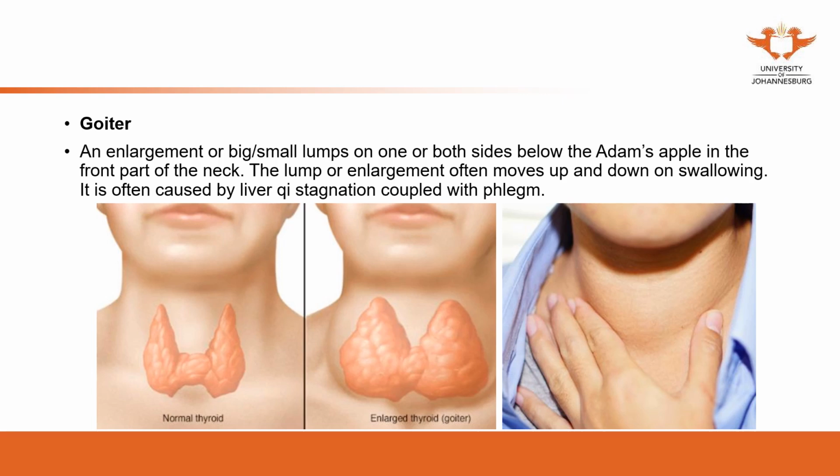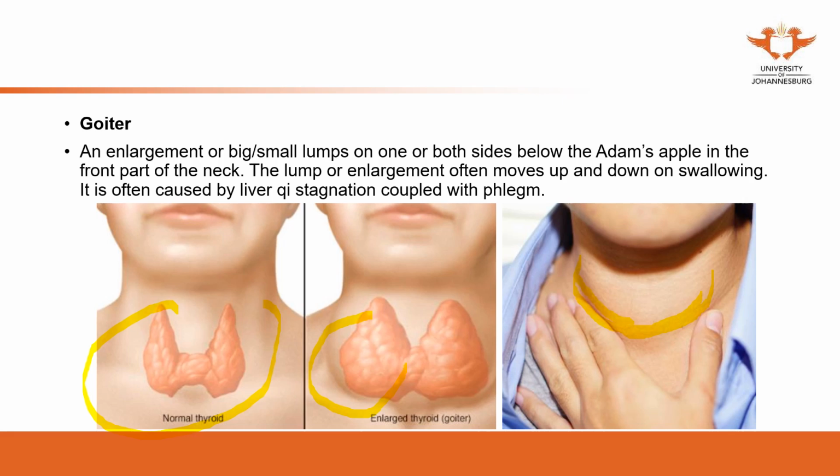So goiter is the enlargement of the thyroid gland. This is the normal thyroid. When it enlarges, you can see the patient's neck is slightly bigger.